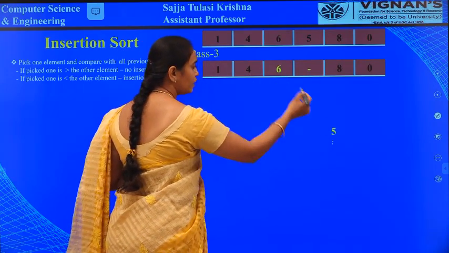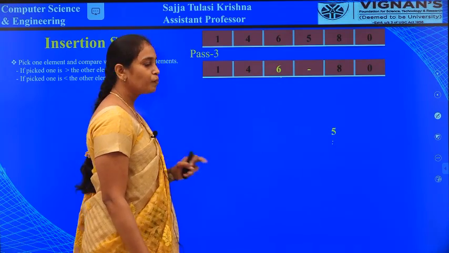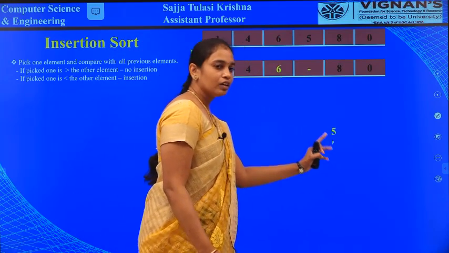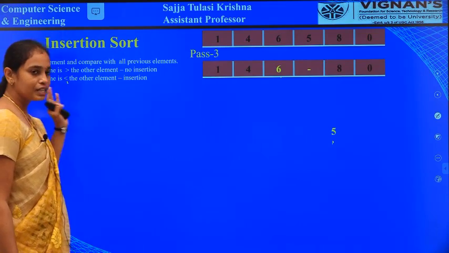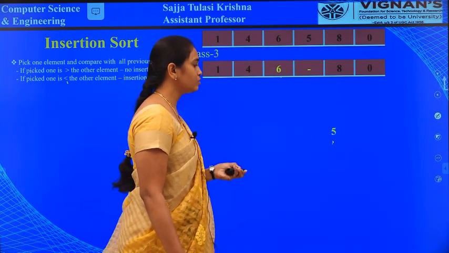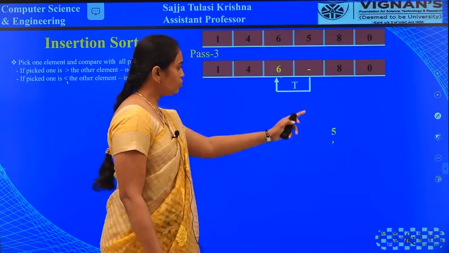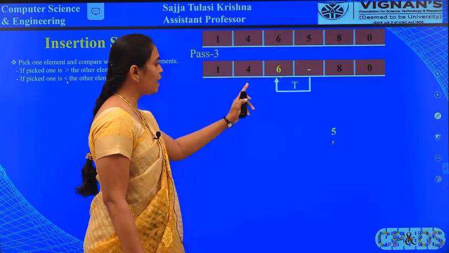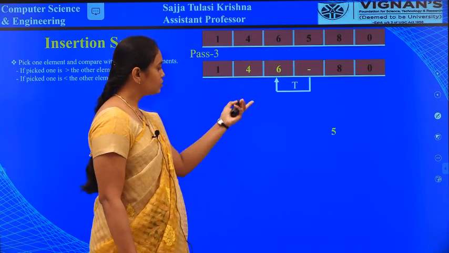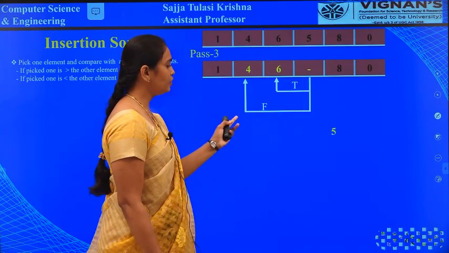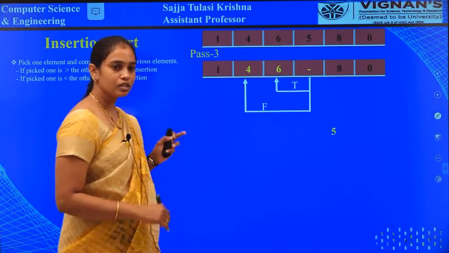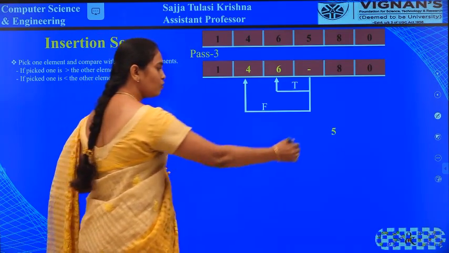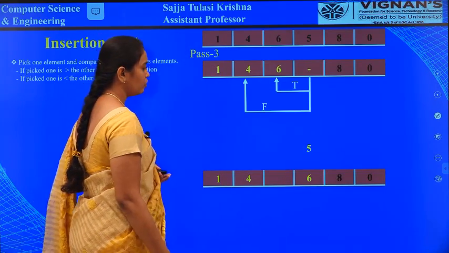First compare 5 with 6. The picked element 5 is less than 6, so the condition is true. Then 5 is compared with 4. Is 5 less than 4? That condition is false. Now 5 is compared with 1.